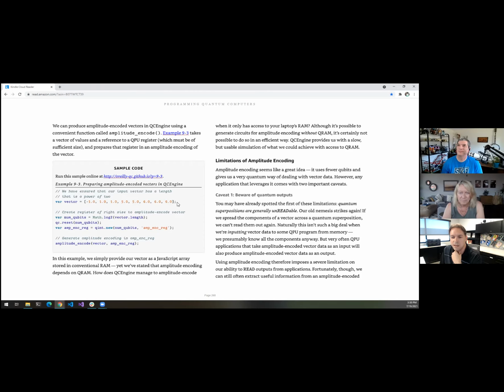Now he's got an 8 unit vector here. And he's using vectors that are a power of 2 because we're using qubits. So I suppose we could have a 5 quantity vector. We would just have a 4-bit register with 8 circles, and 3 of them would simply be unused. I'm assuming if we had to do something like that.